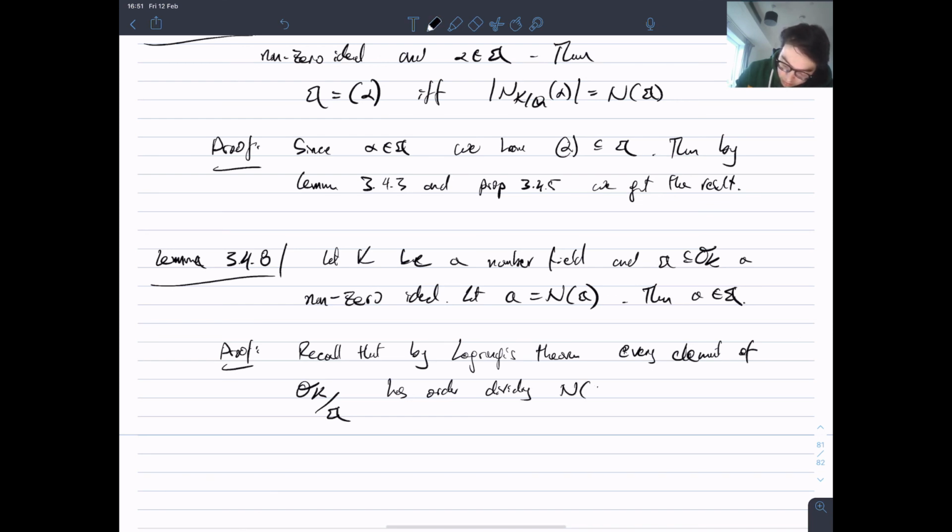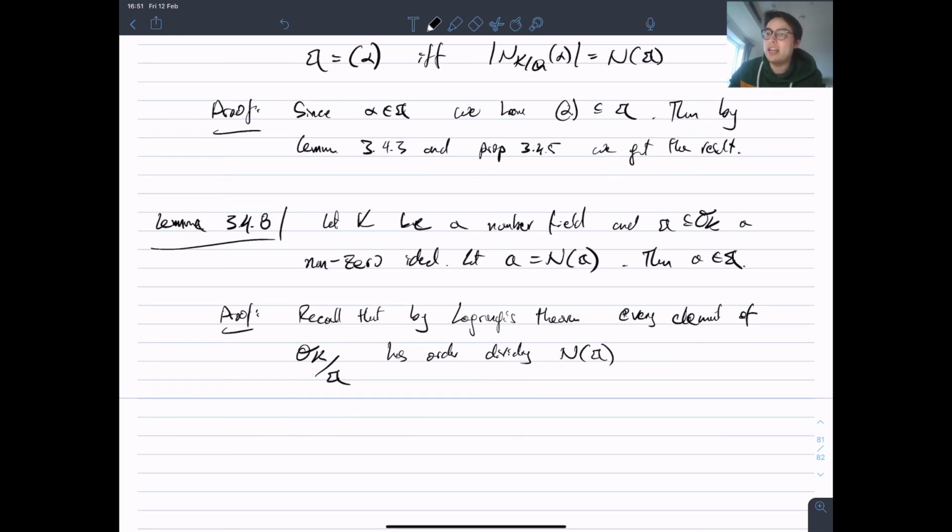If I think of this as an abelian group, if I have an abelian group of size N(A), then every element in it has order dividing the size of my group. Well, actually, I guess it has order at most N(A).